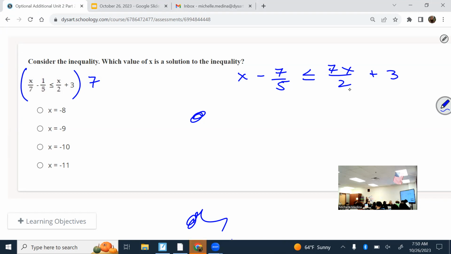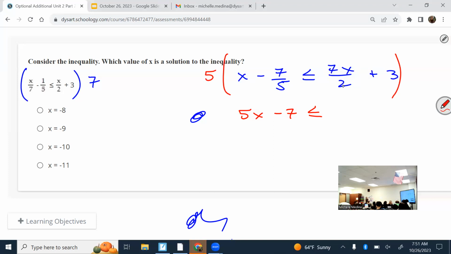Now the 5 and the 2, not really something I like to work with either. So if I want to get rid of a denominator of 5, what do I need to multiply it by? 5. The whole thing multiplied by 5. So then that becomes 5x minus 7, because 5 times 7 divided by 5 makes that cancel. And then over here, what's 5 times 7? 35.